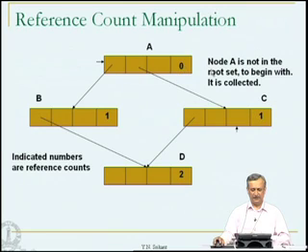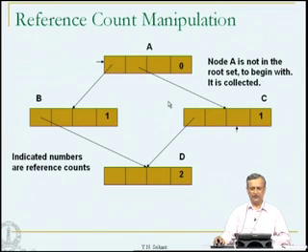For this, the reference counting field has now become 0, because it is not reachable from any other variable or pointer. This reference count field is 1, because this node is pointing to it. Similarly, the reference count field for this is 1, because this node is pointing to it. The reference count field for D is 2, because both these nodes are pointing to it.